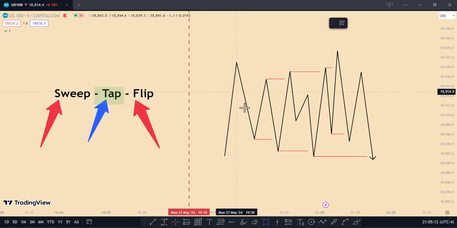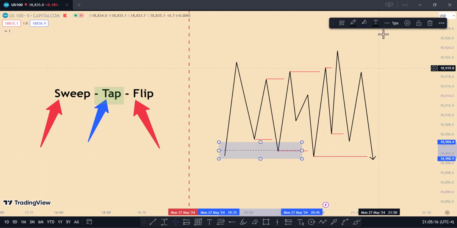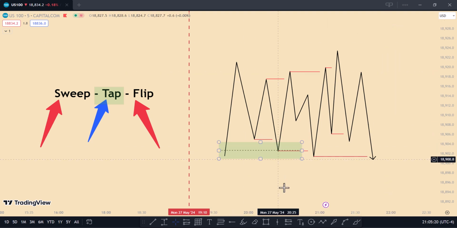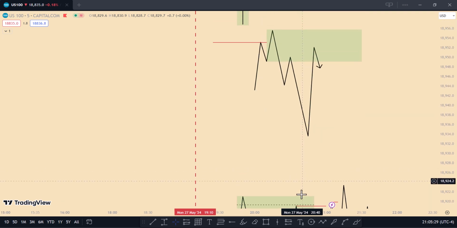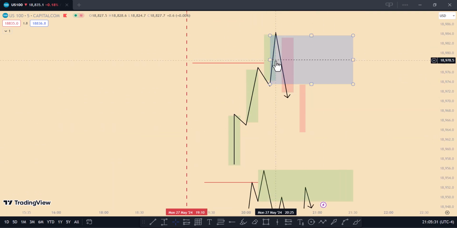First of all, let's say we have an unmitigated candle right here, right? So we have a sweep and then a top. Now price sweeps this high, and let's say that we have an unmitigated candle like this. As you can see, we are talking about the first type of a zone, an unmitigated candle.